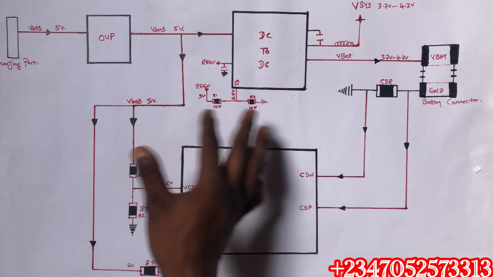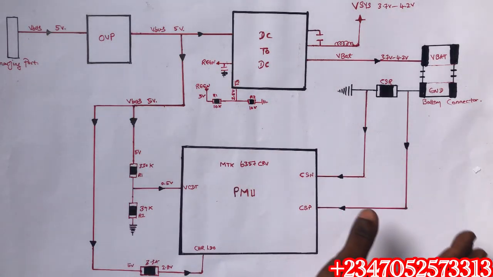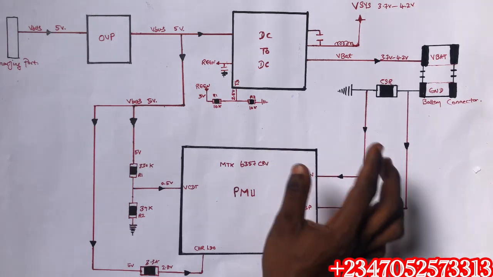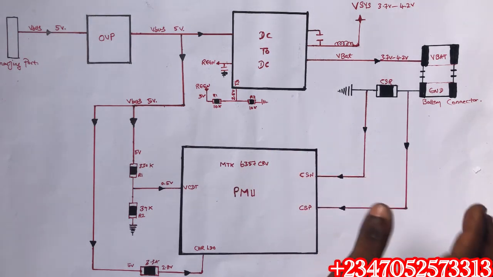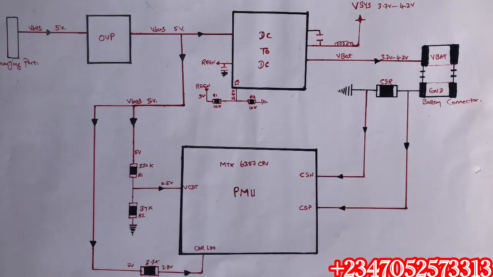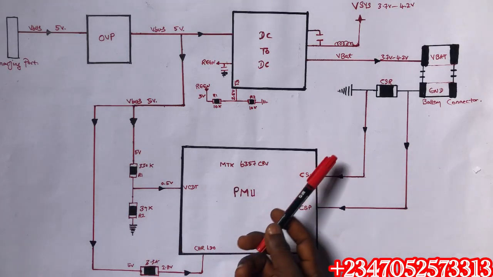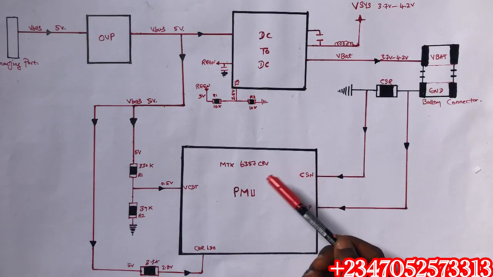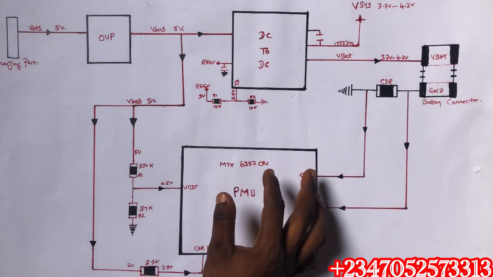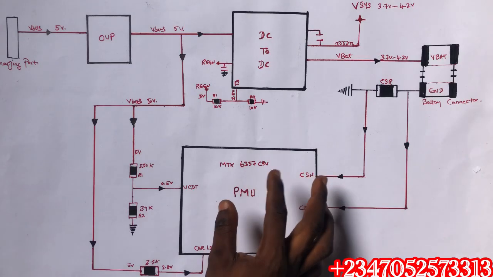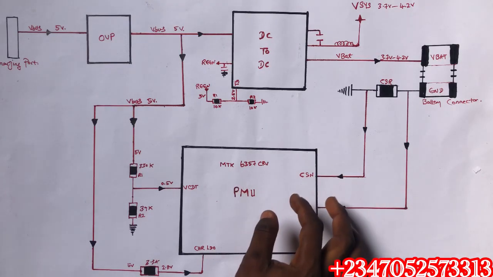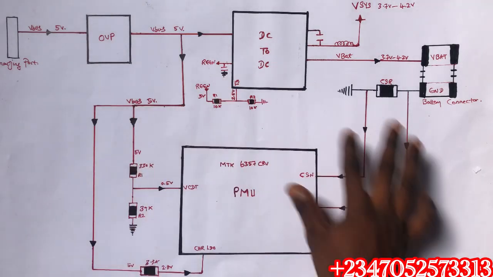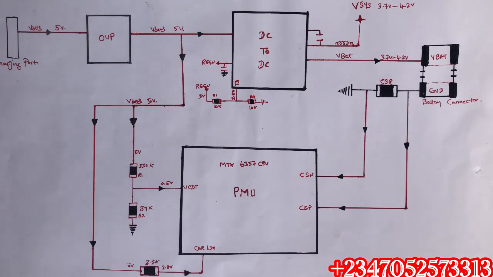So if you have 6357, 6358, 6359, you will work on these lines. But in MTK 6360, the lines are different, so I'll make a separate video on that one.